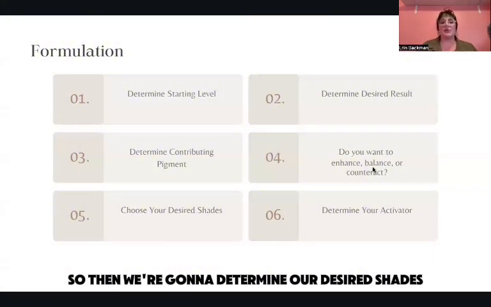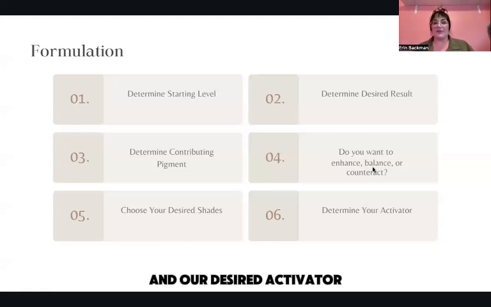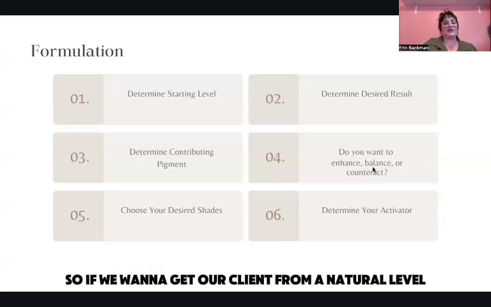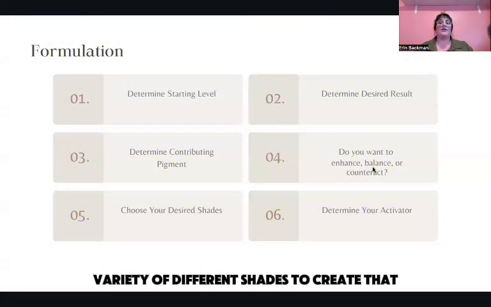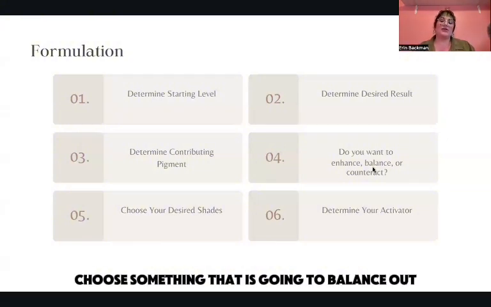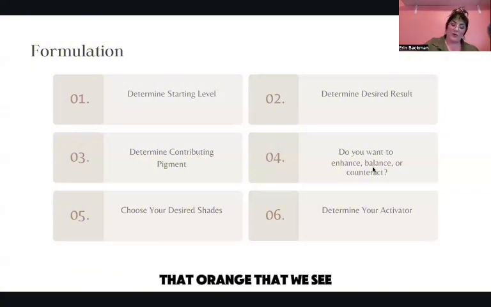So then we're going to determine our desired shades and our desired activator. So if we want to get our client from a natural level, let's say they match to a 5, 50% gray, we can choose a variety of different shades to create that. But we're going to want to choose something that is going to balance out that orange that we see.